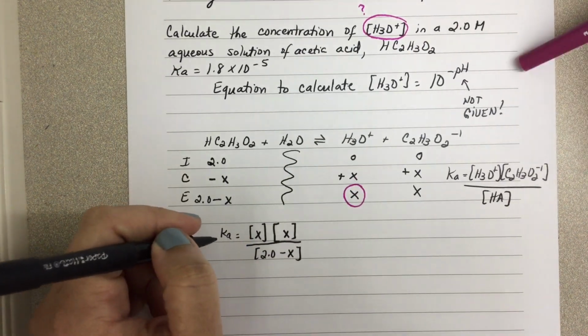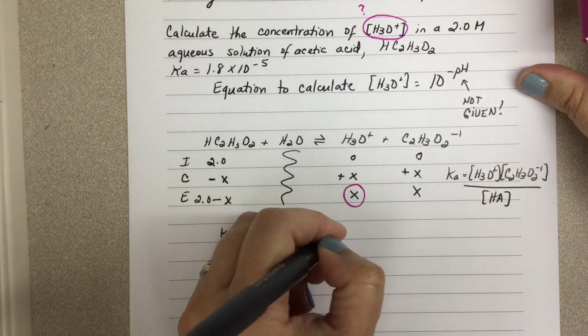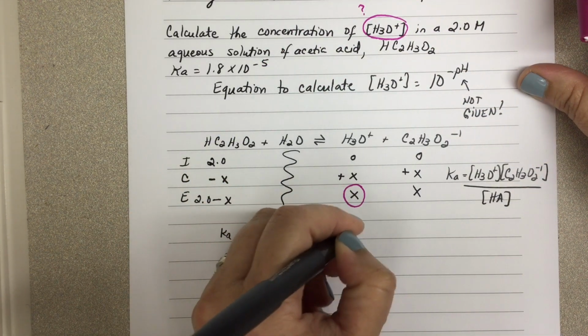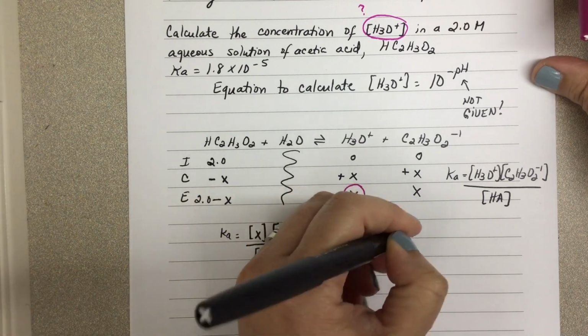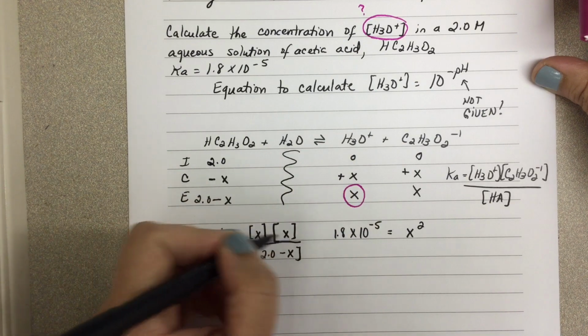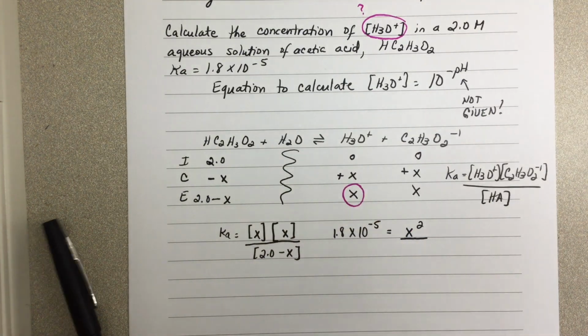The value of Ka is given in your problem, 1.8 times 10 to the minus 5. And that will be equal to X squared over, and now I'm going to do something.